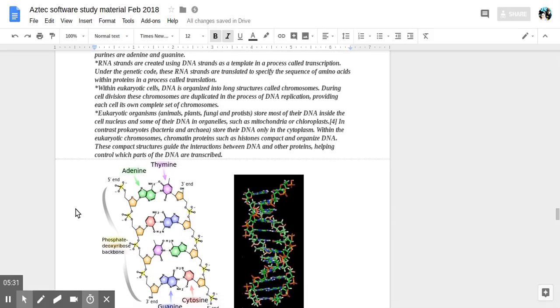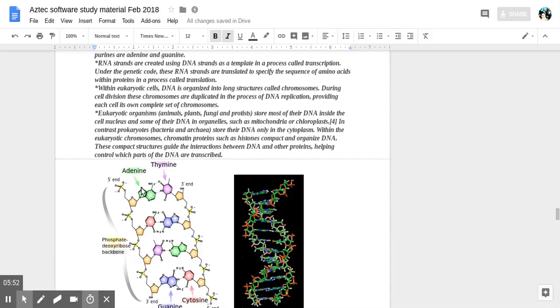RNA strands are created using DNA strands as a template in a process called transcription. Under the genetic code of DNA, the RNA strands are then translated to specify the sequence of amino acids within proteins in a process called translation.